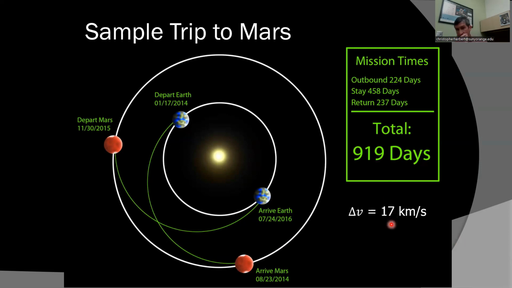And again, we look at the delta V, that would be a delta V of 17 kilometers per second, as opposed to getting to the ISS, which is only 10 kilometers per second. Again, it's not that we need 70% more fuel. That's not how this works. This is an exponential growth. So we need something much, much larger than the rockets that take us to the ISS.